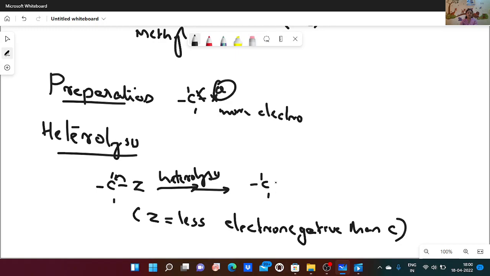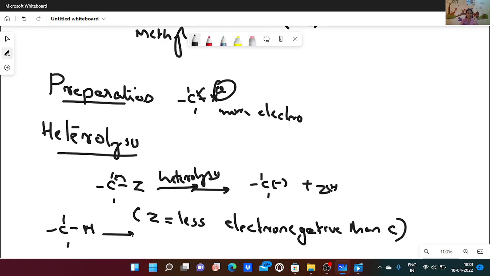Whenever the leaving group departs without the electron pair, only then is a carbanion generated. And we can have hydrogen as a simple example. We can replace this Z by hydrogen, and carbon and hydrogen have almost the same electronegativity.